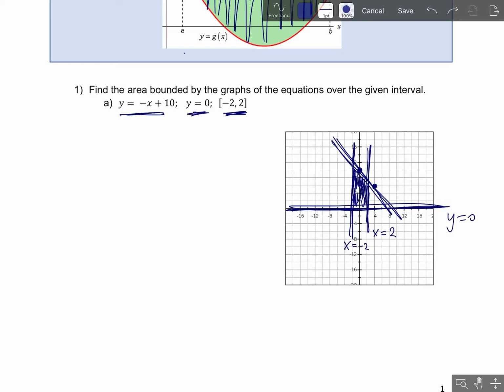Remember that to compute an area like this, we need to take the integral from this x bound to this x bound. So this will be the integral from negative 2 to 2. And then we need to take the top function minus the bottom function. Just from the graph, it's clear that the more complicated linear function is the top one, and then y equals 0 is the bottom one.